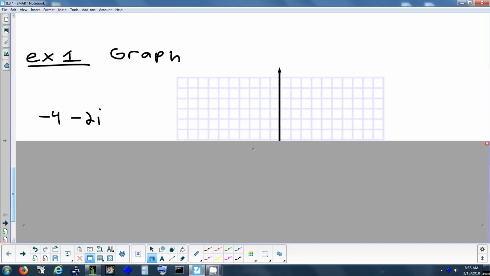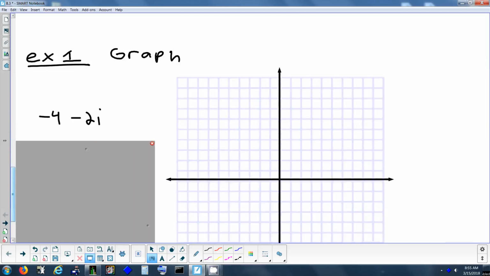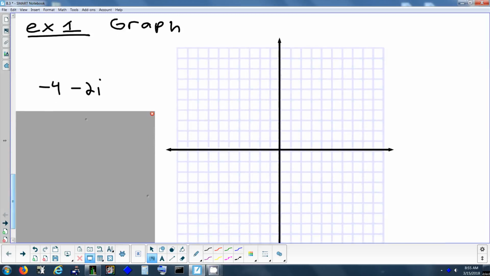Let's start with -4 minus 2i. From the origin, what directions would I go to graph -4 minus 2i?